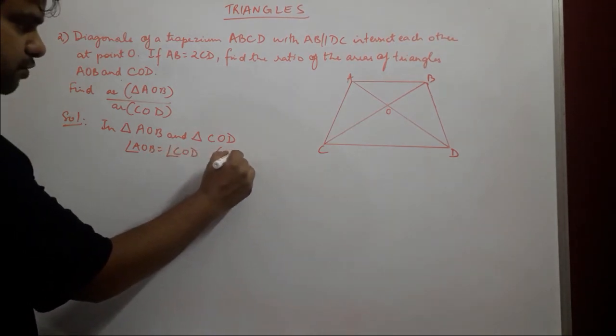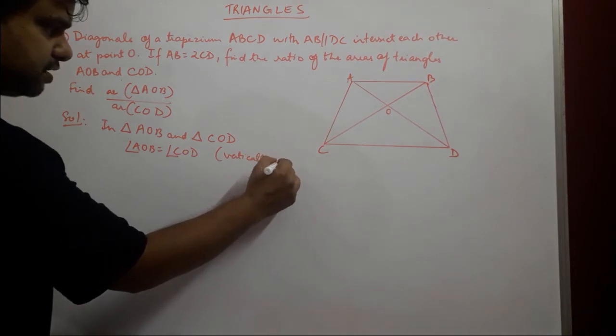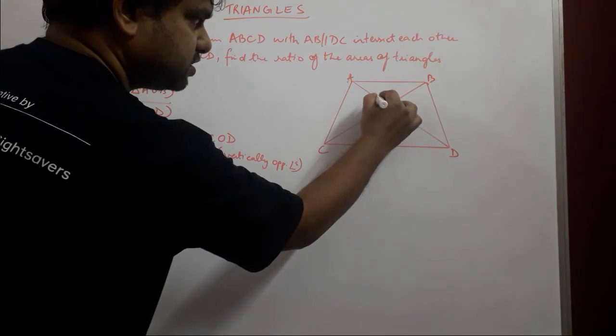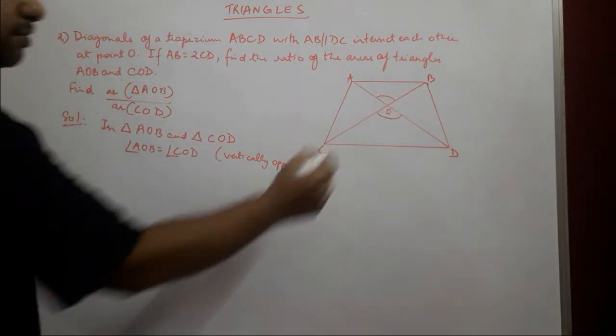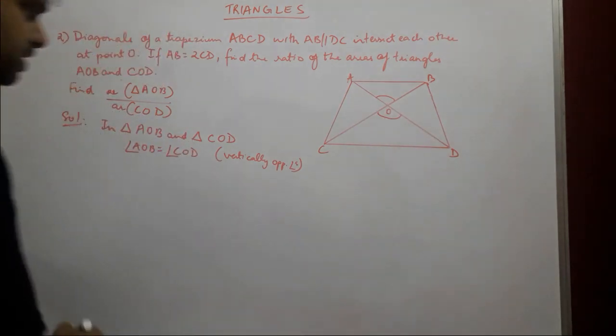Why? Because they are vertically opposite angles. So this one and this one, they are vertically opposite because they are in that V shape. So V and V upside down.